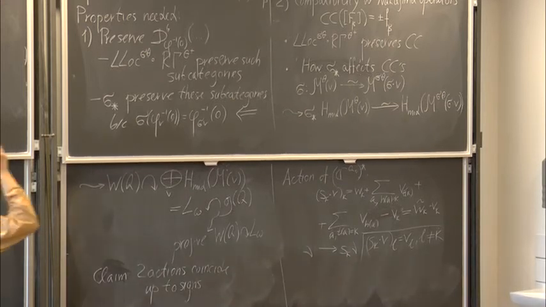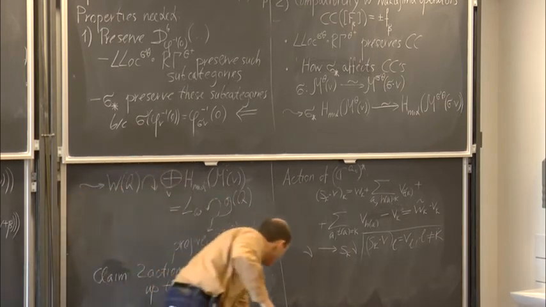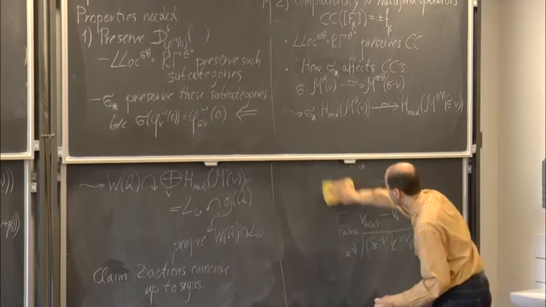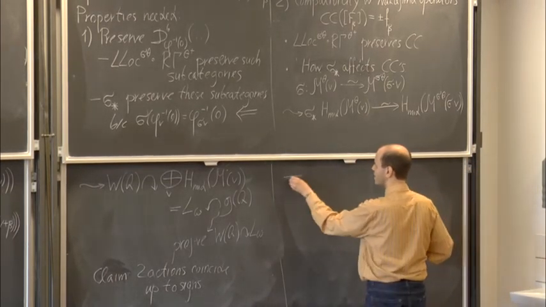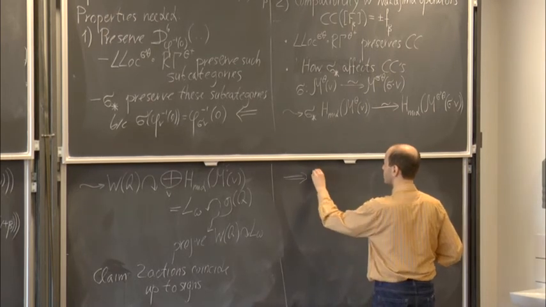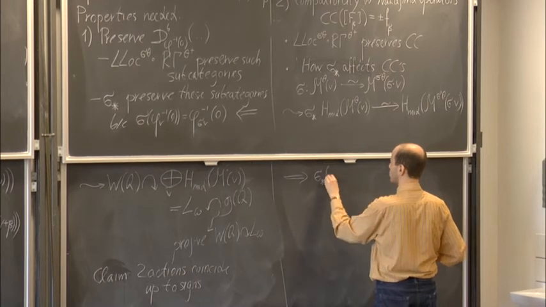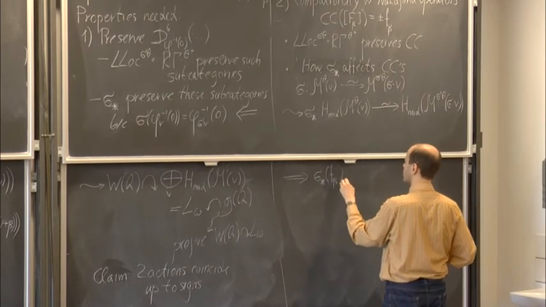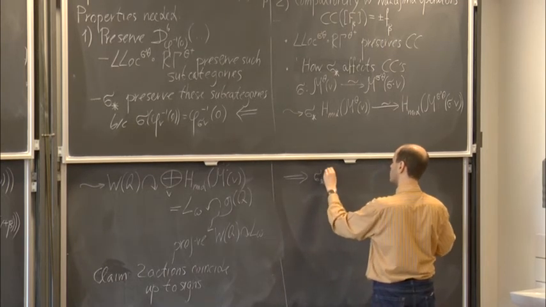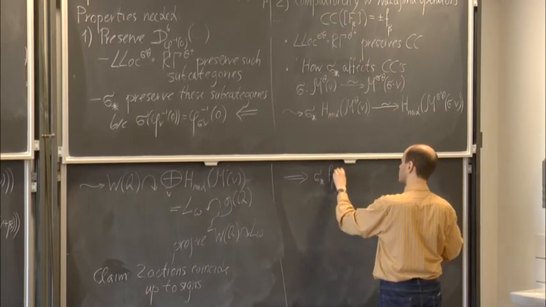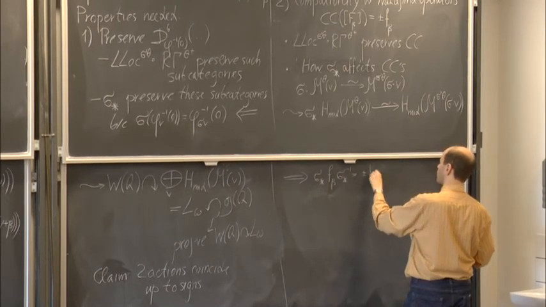All right. And from here, you can deduce that when you apply sigma star to f beta, so sigma star f beta sigma star minus 1 is going to be plus or minus f_i.